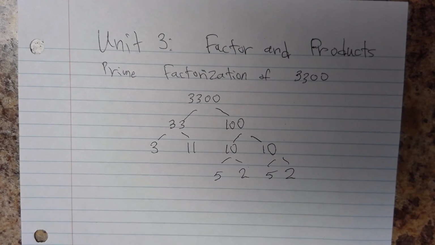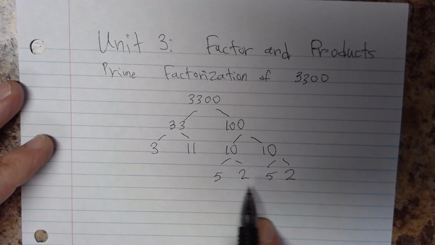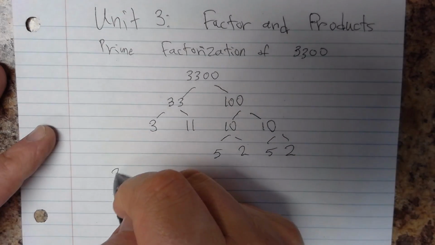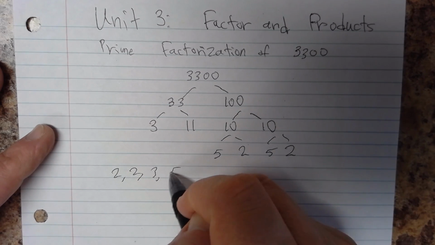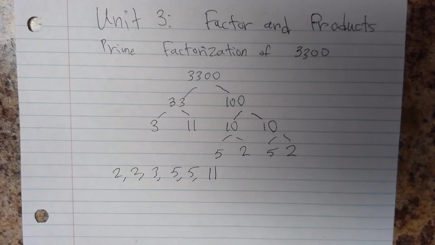So, the prime factorization then of 3,300 is 2 2s, a 3, 2 5s, and an 11.